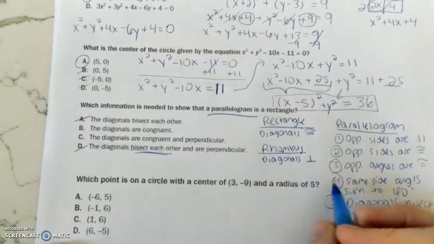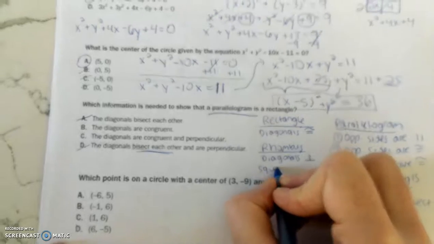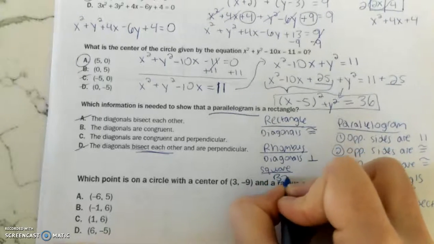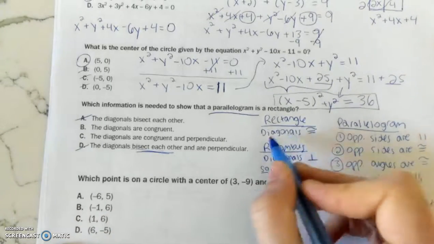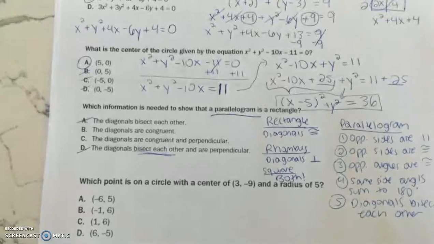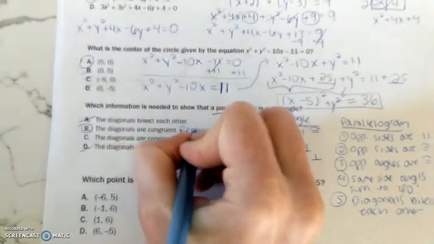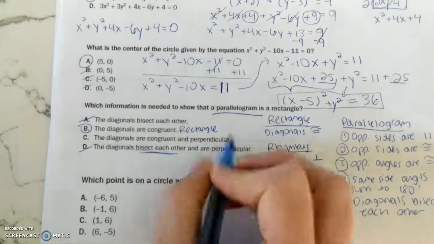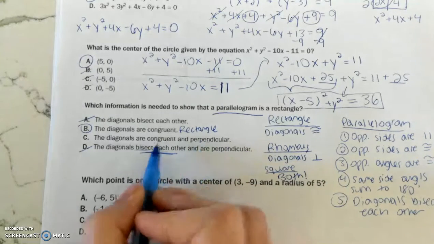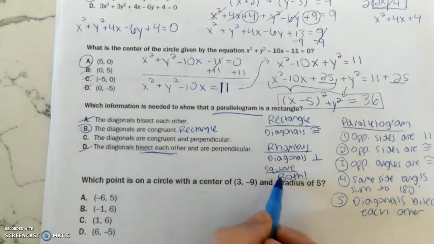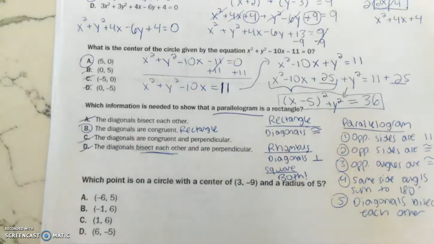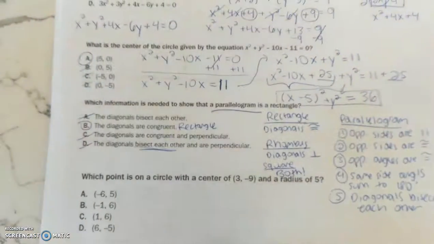I'm going to use that little symbol. And for a square, both the diagonals are congruent and perpendicular. So looking at this, B is what describes your rectangle. So what would C be describing? If they're congruent and perpendicular, C would prove something is a square. So we'll eliminate that.